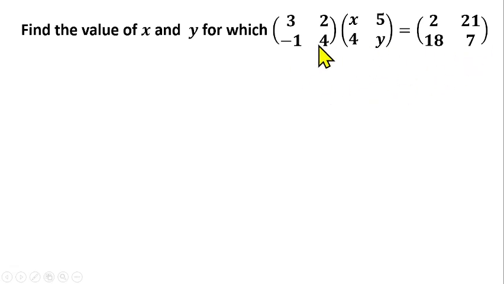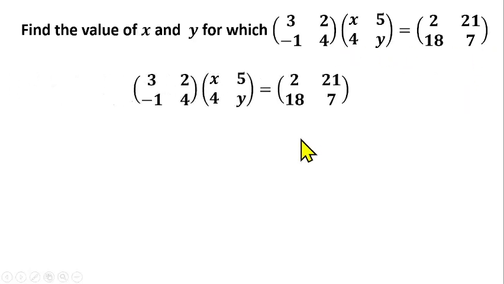In this case, this matrix is multiplying this matrix, so you need to multiply them out to give us a 2 by 2 matrix. Then you can apply the equality of matrices. Let's see that in action. This matrix will multiply this matrix first, and the question is, can they multiply based on our idea of multiplication of matrices? Is the condition of multiplication satisfied here? Yes, it is. The number of elements in the row here is 2, the number in the column here is also 2, so they can multiply.